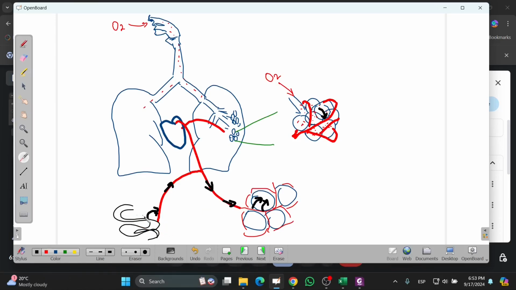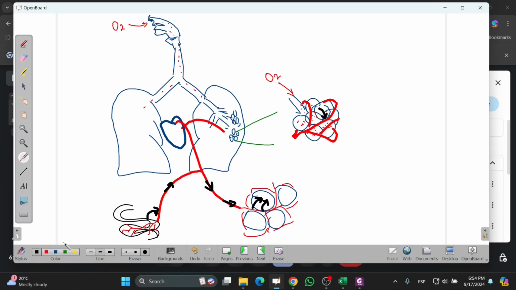From the intestines after digestion, it diffuses into your blood because here there are blood capillaries surrounding the intestines. So every time we eat, a lot of glucose will go into this blood, mostly by diffusion. And then later on, the glucose will diffuse out of the blood into your cells.